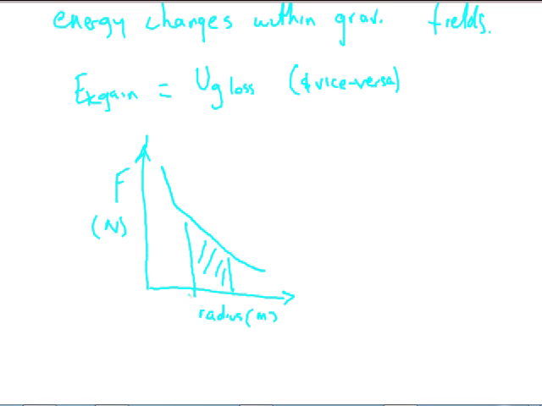It's normally a counting-the-squares exercise: count the squares and multiply by the value of one square. So area under the graph equals Fx, force times distance. That's the work done, and therefore that's the change in EK or the change in UG.